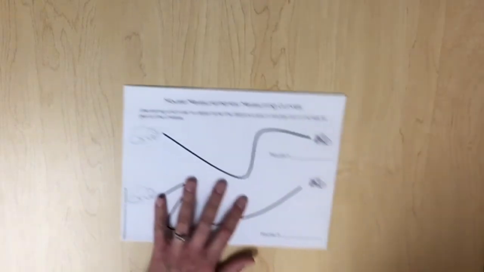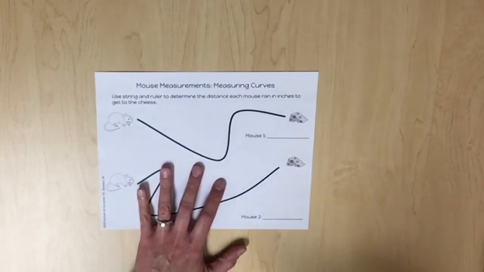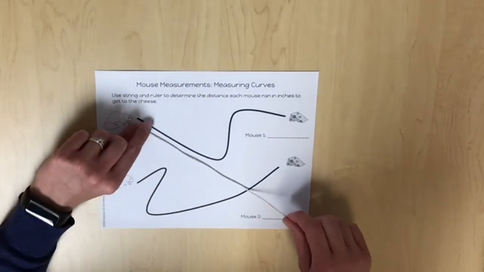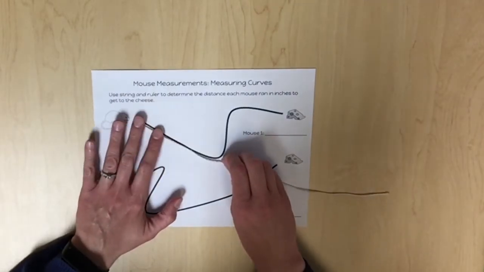Students can also measure curves by using a string along a curve and then measuring the length of the string. Here's an example. We can use the string to follow the curved path the mouse ran.